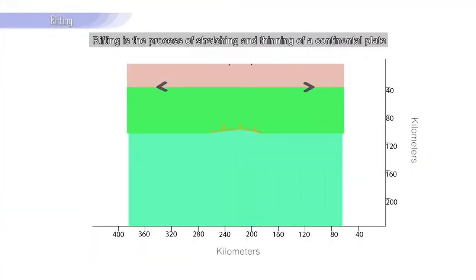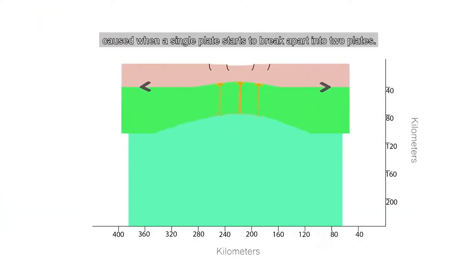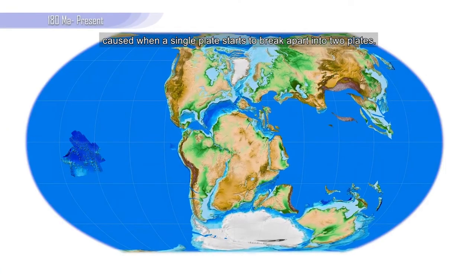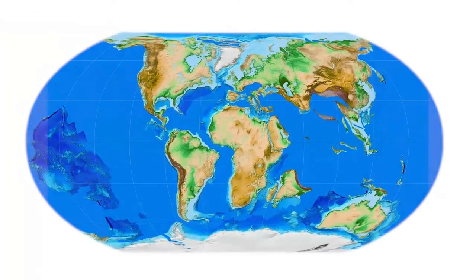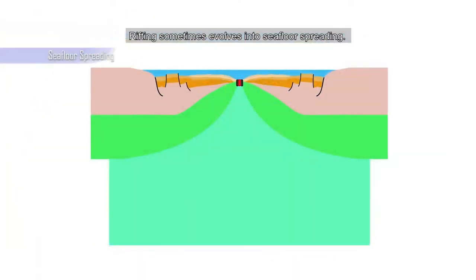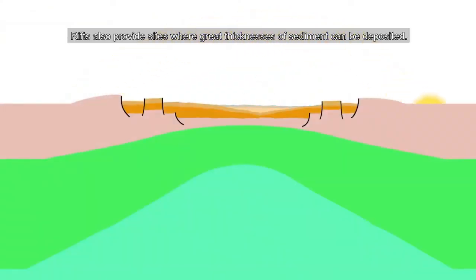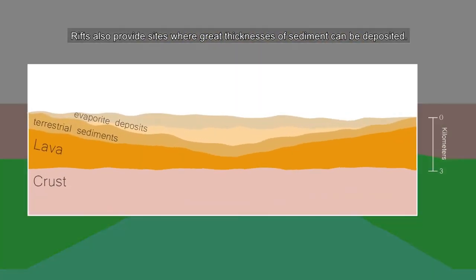Rifting is the process of stretching and thinning of a continental plate, caused when a single plate starts to break apart into two plates. Rifting sometimes evolves into seafloor spreading. Rifts also provide sites where great thicknesses of sediment can be deposited.